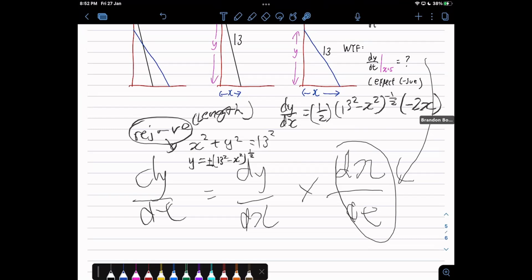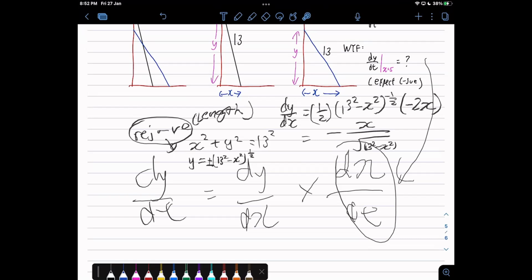So negative 2x. That's why you will expect a negative. Simplify, continue. 13 squared minus x squared, right? Okay, good. Then finally substitute x equals 5 inside.